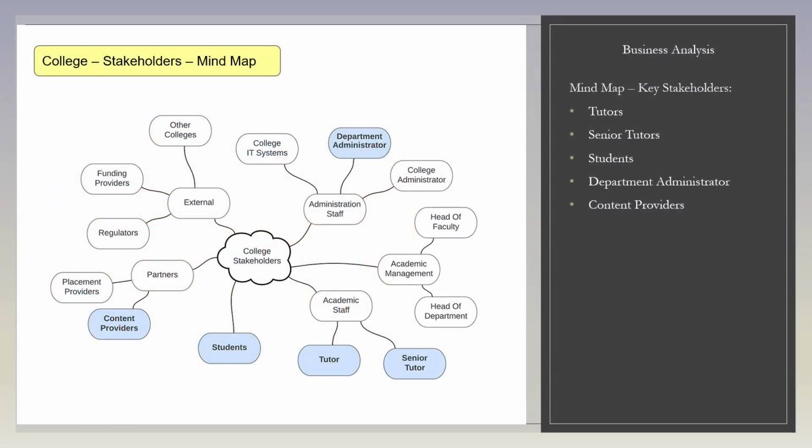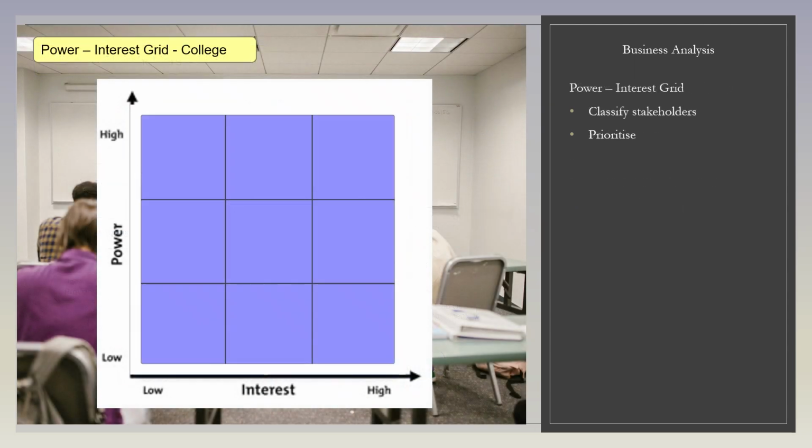To illustrate this, let's take a look at some of the key stakeholders as shown on our mind map for the college. On the academic side, senior tutors and administrators all have a high level of interest in the project.